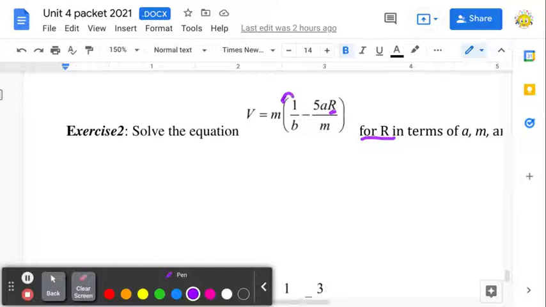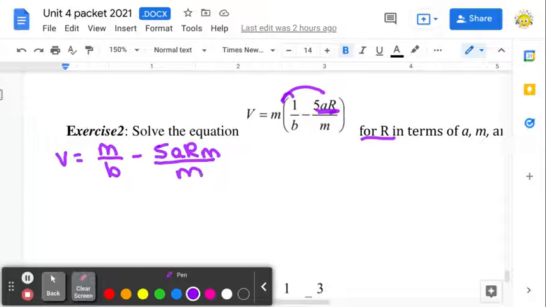So I'm going to distribute. V equals m over b. M times this is 5ARM, 5ARM over M. Did I do that? Oh, and you know what?